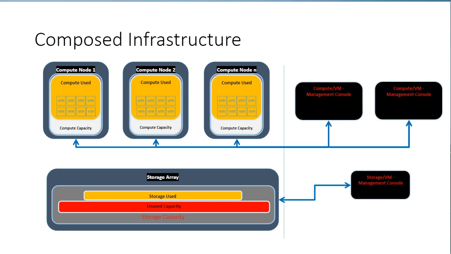And another issue with this type of infrastructure is that you have the people managing the compute resources, the VMs, the virtual desktops, things like that. And then you had another group managing the storage. And this storage was expensive. It was a commodity that they couldn't just dole out.